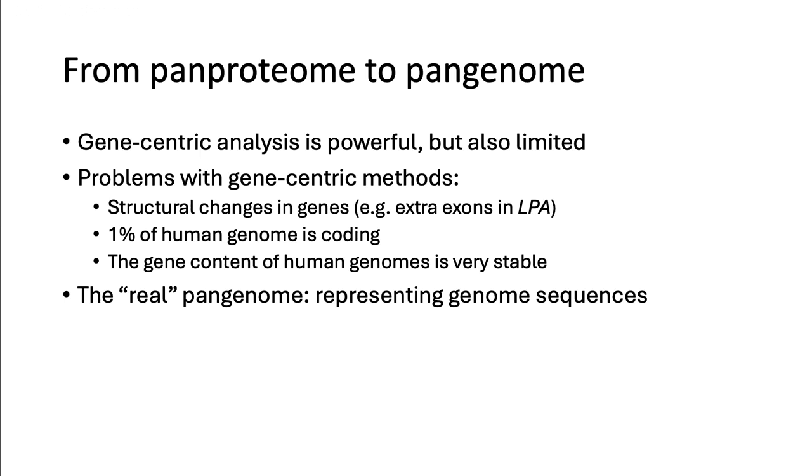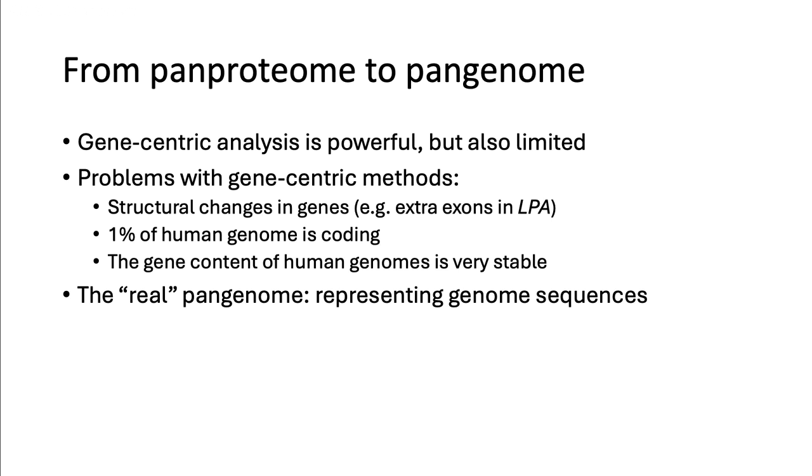And the third reason is that the gene content of the human genome is very stable. And so then that's the risk question, whether it's worth studying this, because the absence and presence of novel material only contributes a very small fraction. And so we need to understand the rest of the genome.